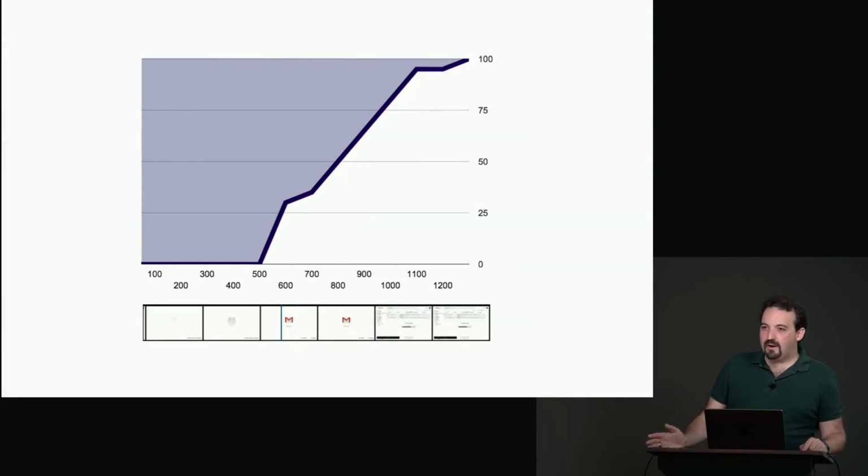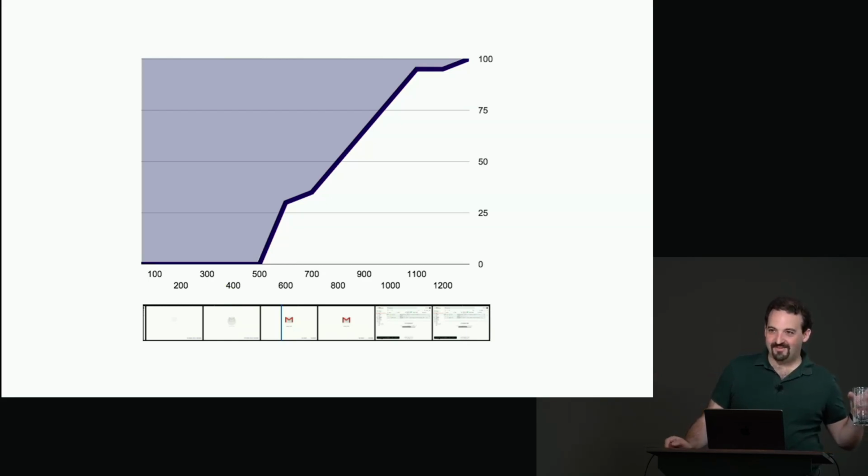We have here 2 websites. Okay, we have Gmail. You don't need to actually see the real website, but at the bottom you have screenshots of that website over time.